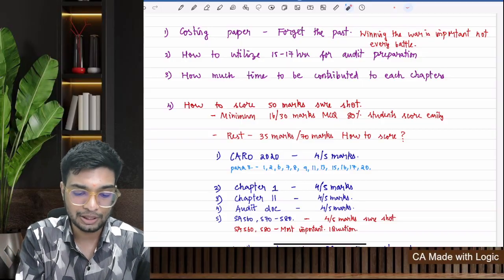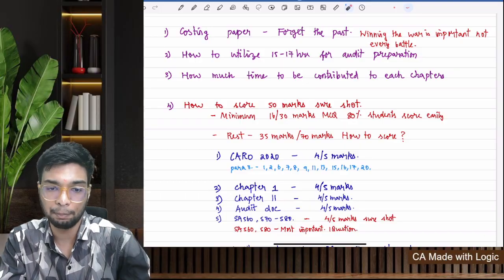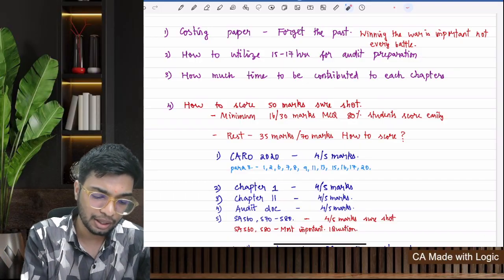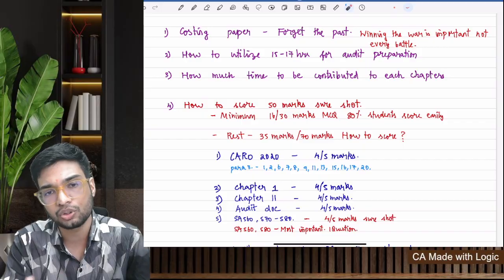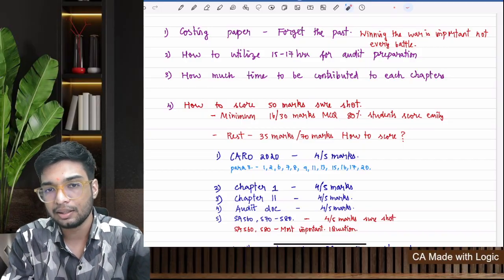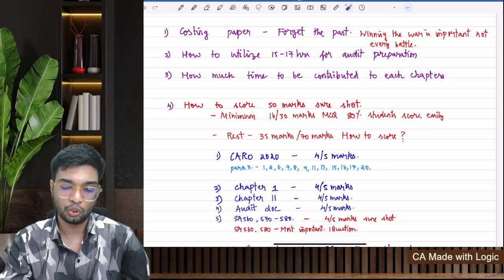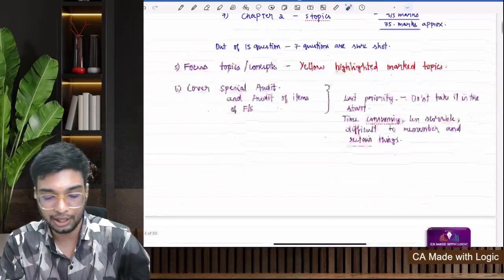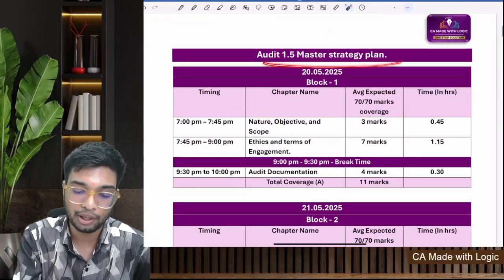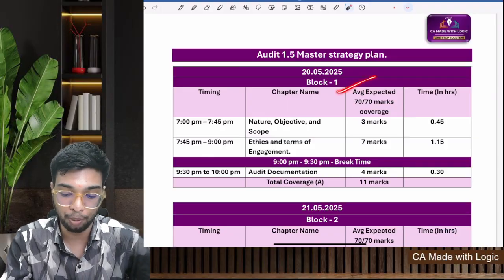So, how will we spend our 15 to 17 hours of audit preparation? There will be lots of students who might not have a proper plan for how much time each chapter needs. Nothing to worry about. I have created a detailed plan, a 1.5 day master strategy, divided into four blocks.